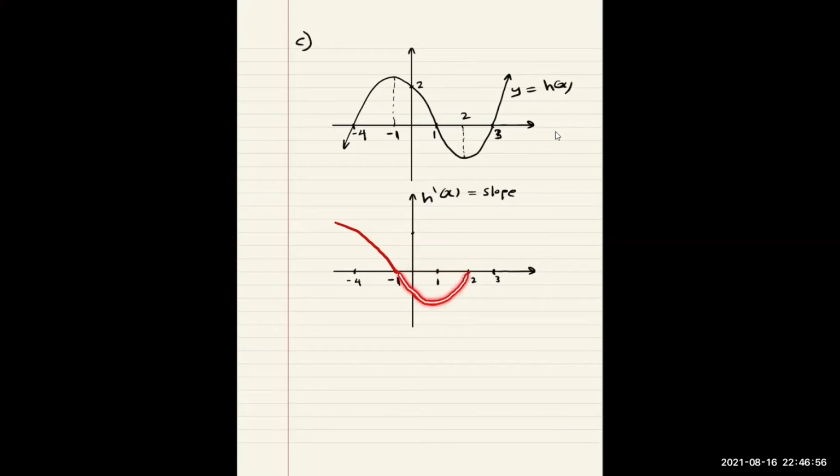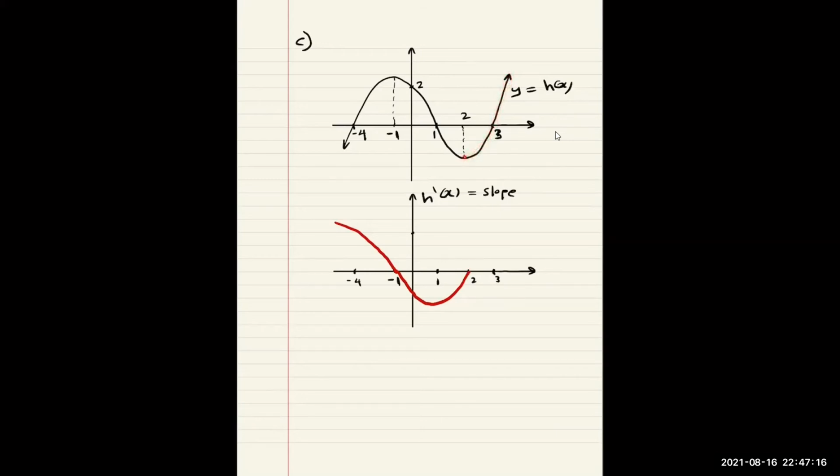That's why it lies below the x-axis. But at x is equal to 2, your slope has to be 0 because this tangent is horizontal. That's why it comes and touches the x-axis here. Actually, it is going to cross the x-axis. You will see that.